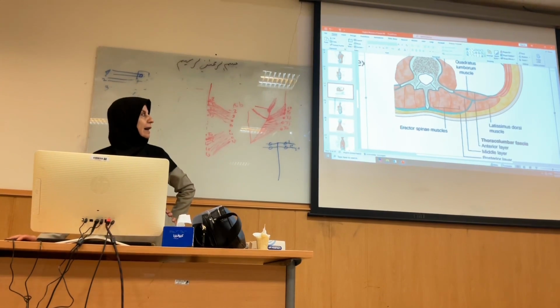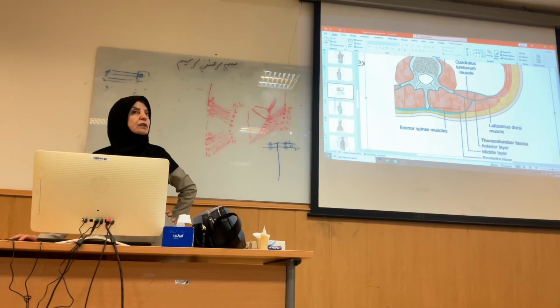Anterior to the erector spine, we have the middle layer. This middle layer medially connects to the tip of the transverse process, passes anterior to the erector spine, and laterally it joins the posterior layer. Did we get that? It is easy. According to the picture, I am going to explain it for you.